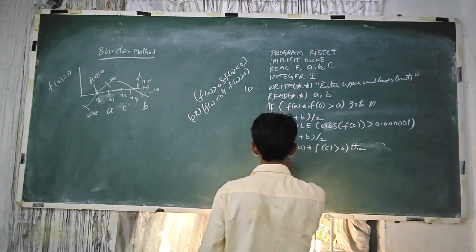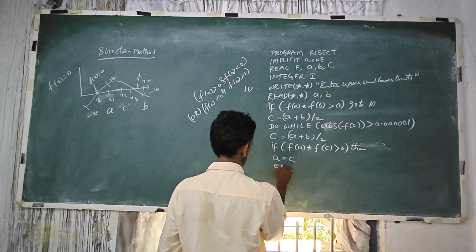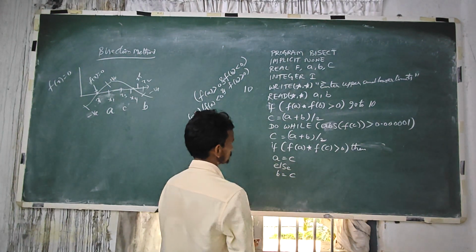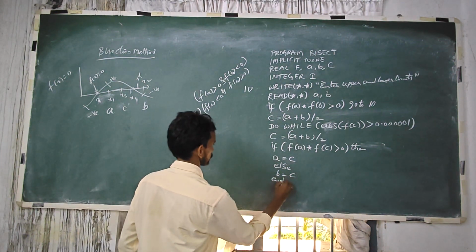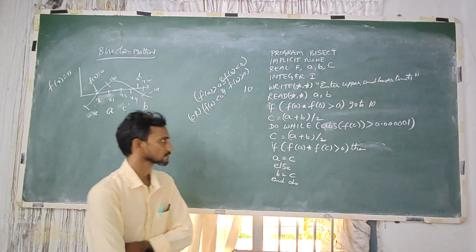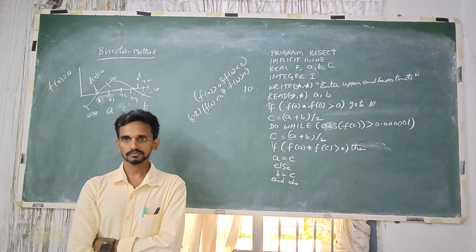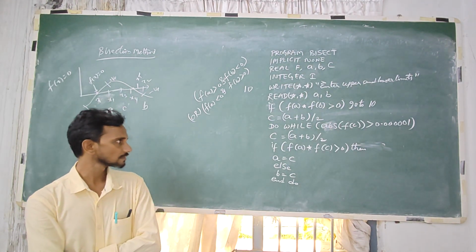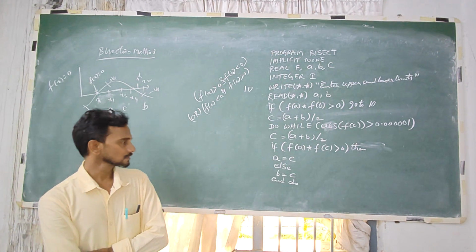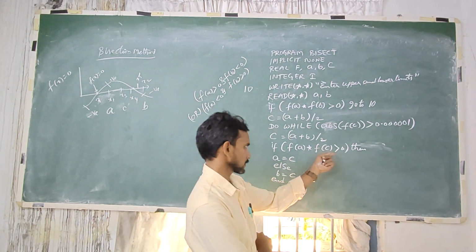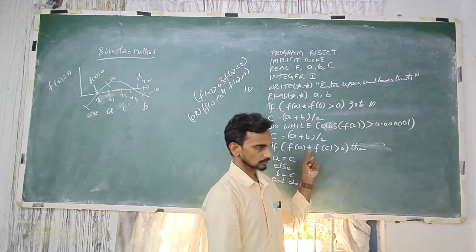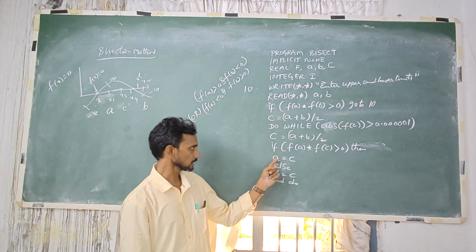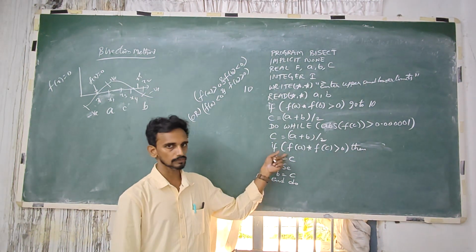Then A is equal to c. Else B is equal to c. ఈ ప్రోడక్ట్ గ్రేటర్ దాన్ 0 అయింది అంటే we have to exclude a. So now my a becomes equal to c, lower limit becomes c.